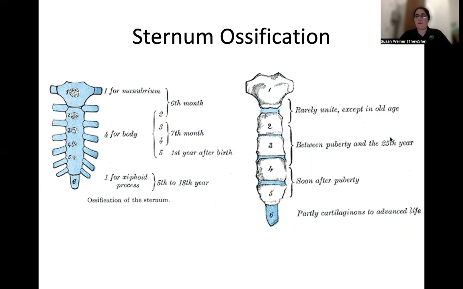The fourth and the fifth joints fuse soon after puberty, but the second and third actually fuse slowly between puberty and about your mid-20s. So many of you are probably not yet fully fused. There's still a little bit of unfused cartilage in there. And then once again, that xiphoid process remains partially cartilaginous for most of your life.